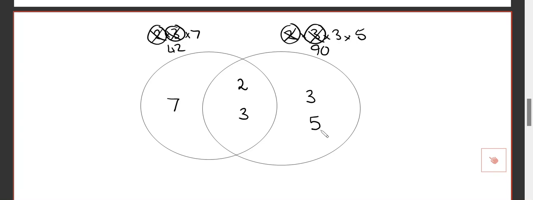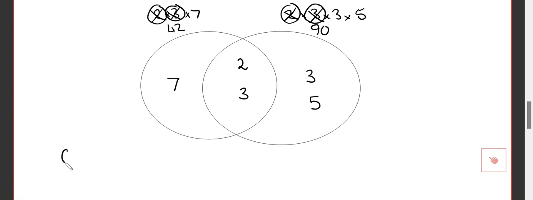All right. Who can tell me then what the GCF of 42 and 90 is? It's not 3. It's not 5.